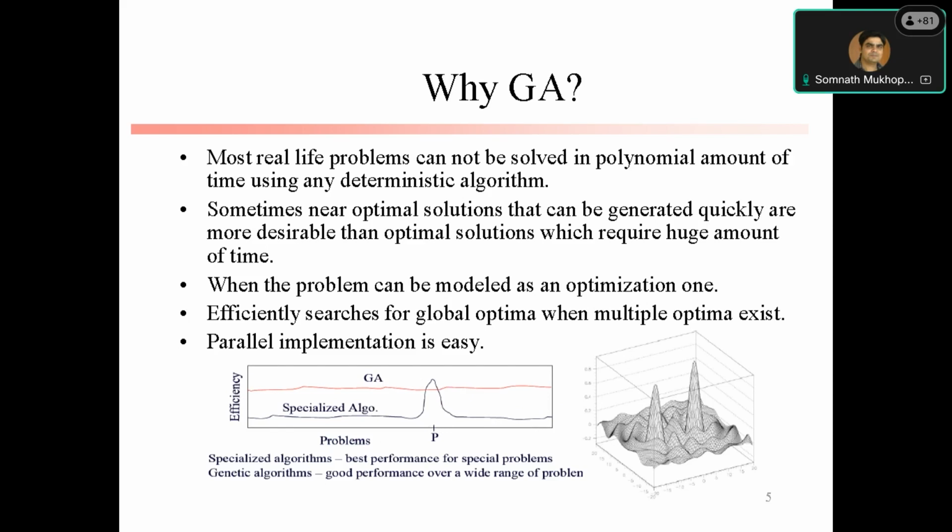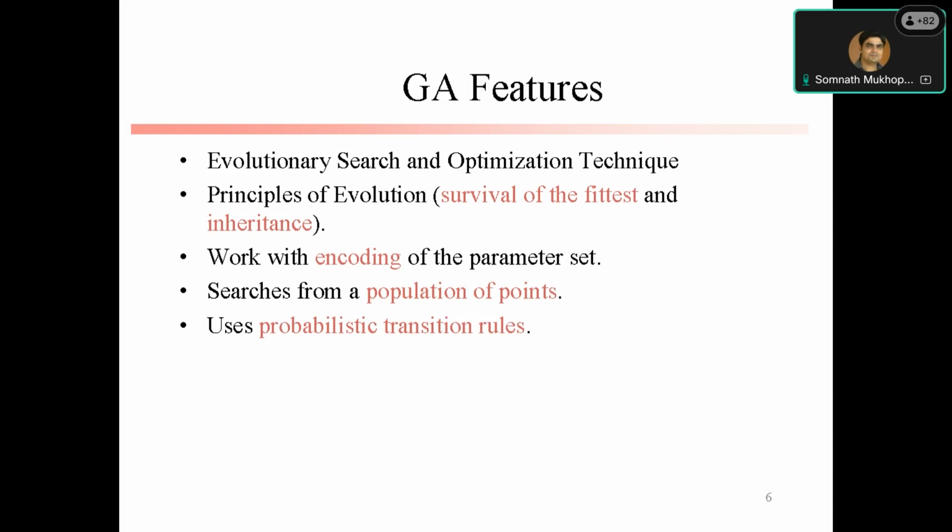That is the beauty of this algorithm: it can be used for many different kinds of problems. That is the strength of this algorithm. One specialized algorithm may perform best for a particular problem, but the genetic algorithm has good performance over a wide range of problems. So it has these features.